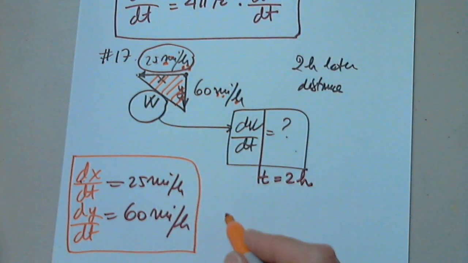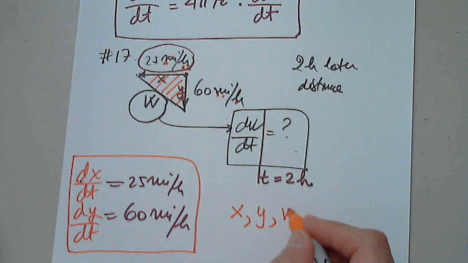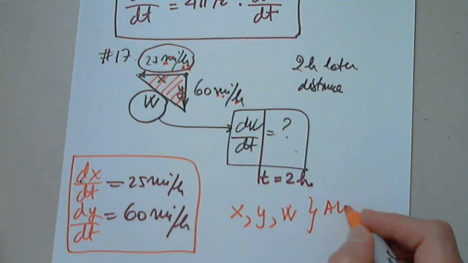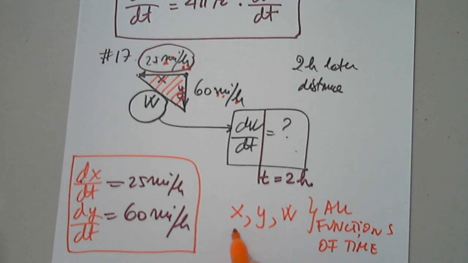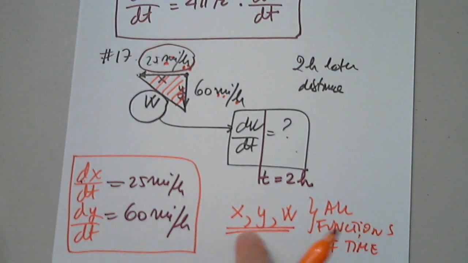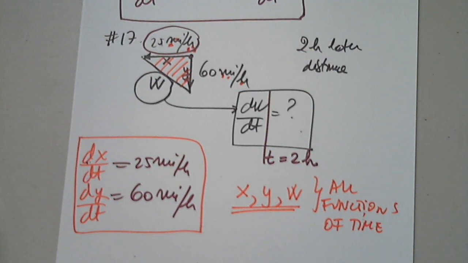Once we establish this, and because I see a right triangle, I can write a relationship. I have to write an equation that relates x to y and to w, and they're all functions of time, but not yet. I need an equation that connects all three, and then I will differentiate with respect to time.